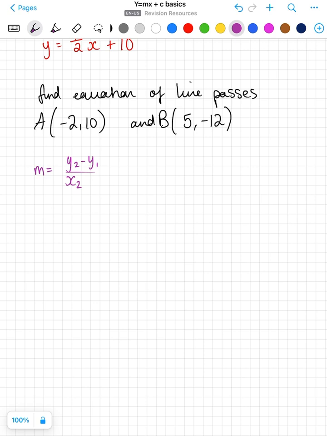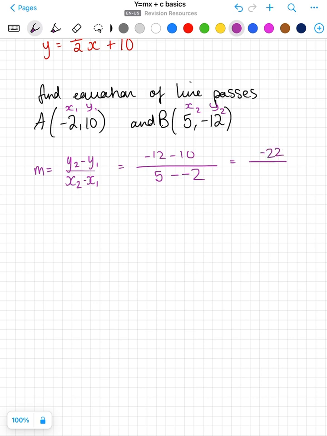So that's y2 minus y1 over x2 minus x1. So we pick our coordinates, x and y, x and y. We can call this set 1 and we can call this set 2. So that's minus 12 minus 10 over 5 minus minus 2. Be careful of your signs.